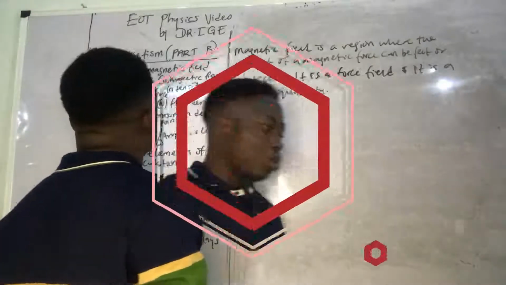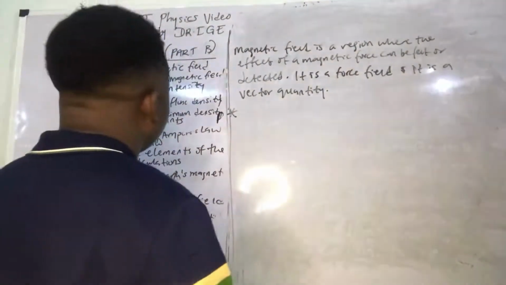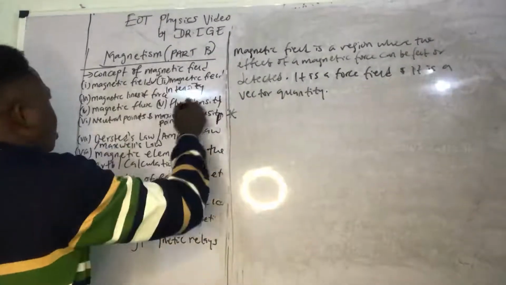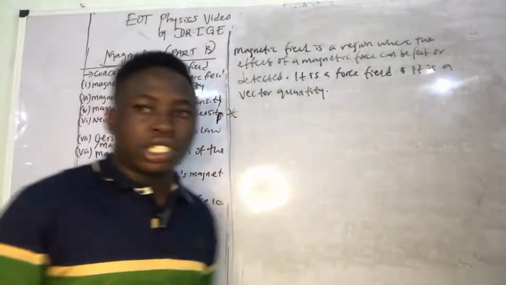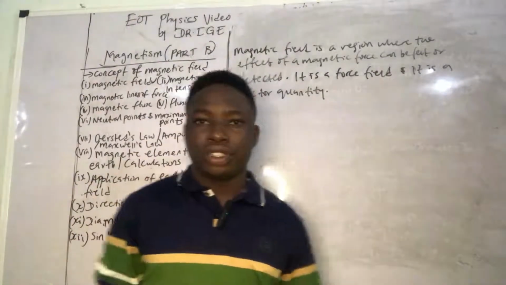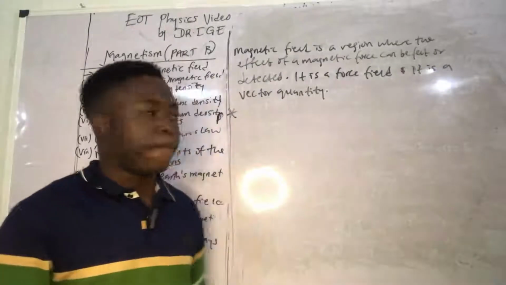Next to talk about is magnetic field intensity. For fields, we have two types: contact fields and force fields. Gravitational field, magnetic field and electric field are force fields.